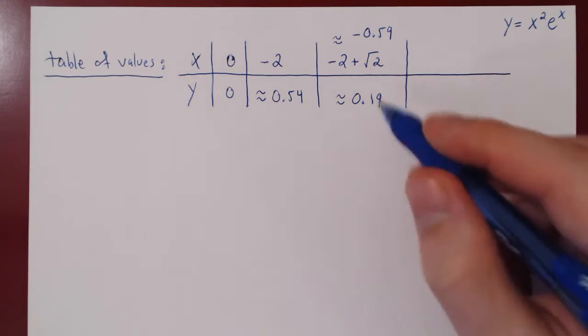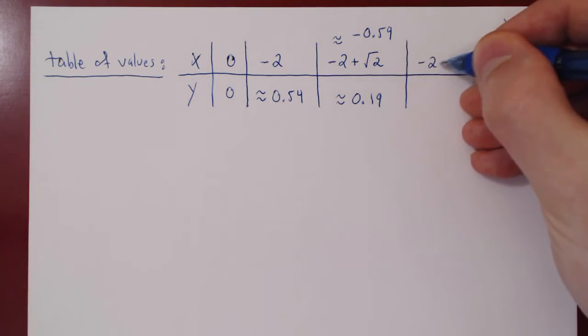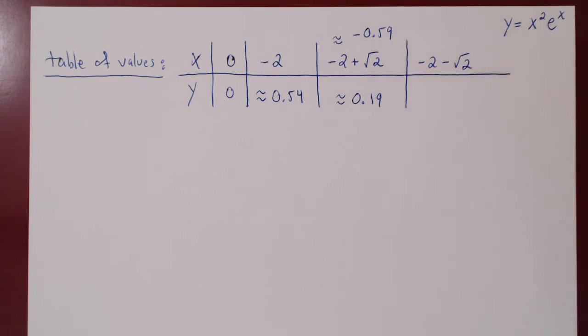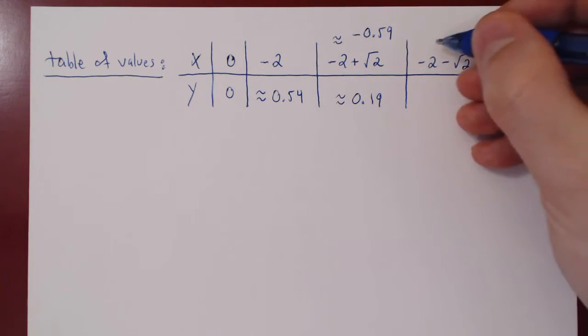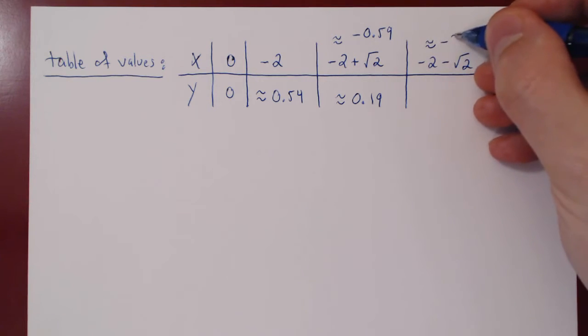The other was negative 2 minus root 2. If you compute this with your calculator, you will find an approximate value of negative 3.41.